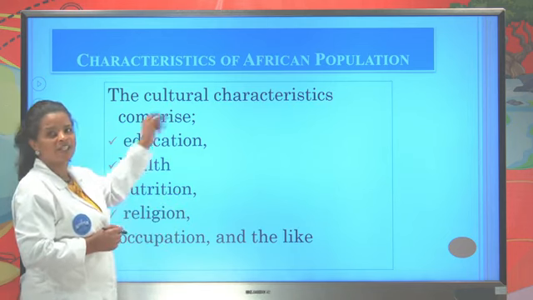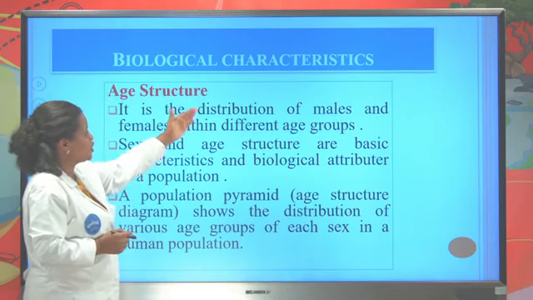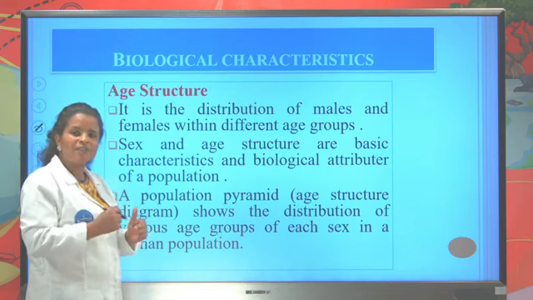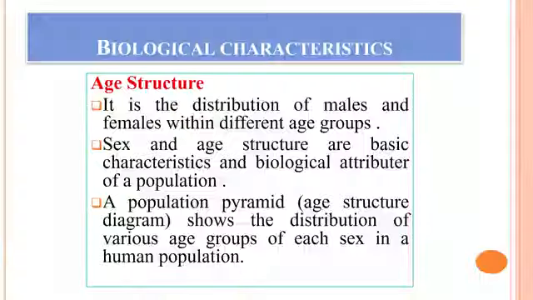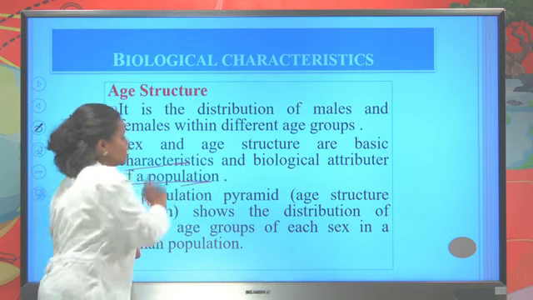Students, let us see the age structure of Africa. Age structure is the distribution of males and females within different age groups. Sex and age structure are the basic characteristics and biological attributes of a given population.